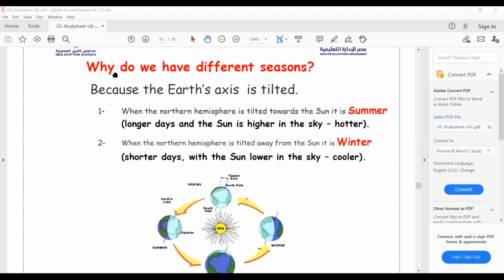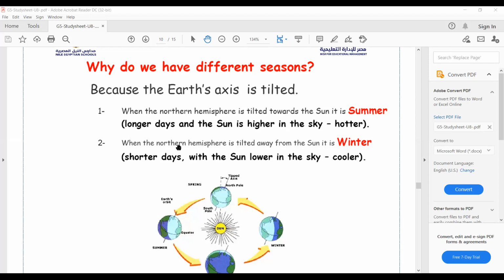Let's go here. Why do we have different seasons? Because the Earth's axis is tilted. When the northern hemisphere is tilted toward the sun, it is summer. Longer days, the daytime, or the appearance of the sun in the sky, is longer, and the sun is higher in the sky, or hotter.